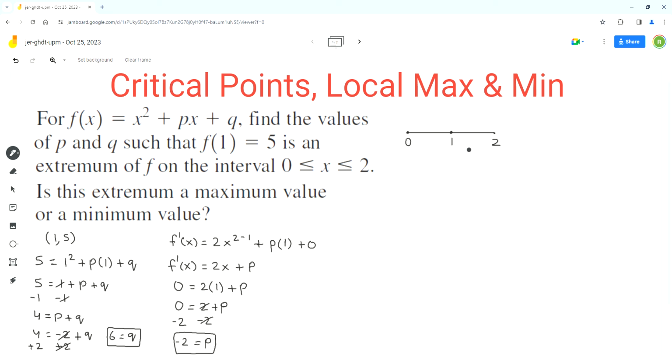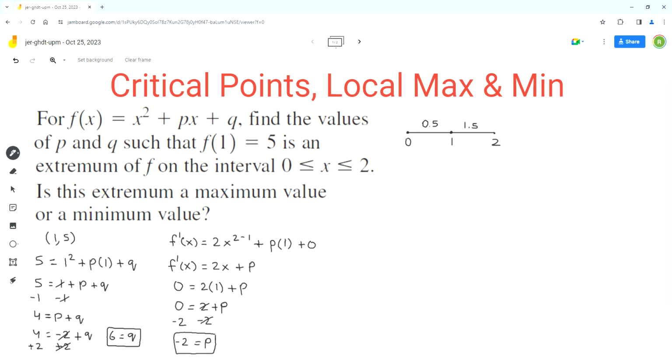So we'll have to use a test value in each part. So for the left side, we can use the test value of 0.5, and on the right side, we can use the test value 1.5.